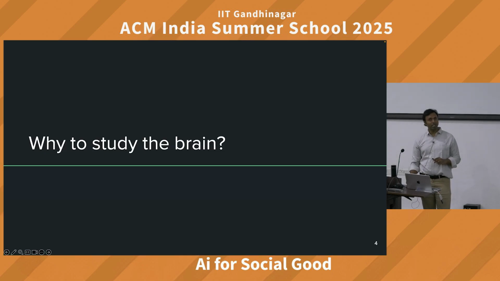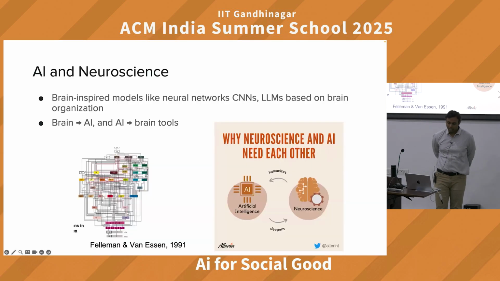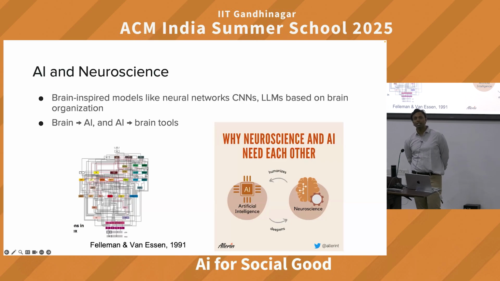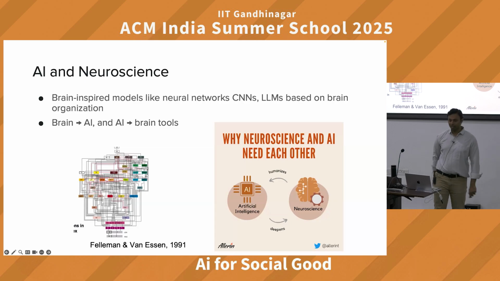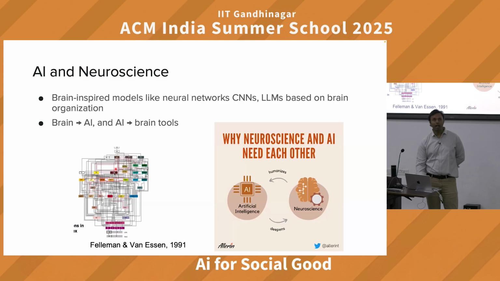So why study the brain? You're doing a thing on AI, and brain-inspired models like convolutional neural networks and LLMs were based on brain organization. So you see this network here, this one. Okay, this network here, I cannot see, maybe. Can you see my pointer?